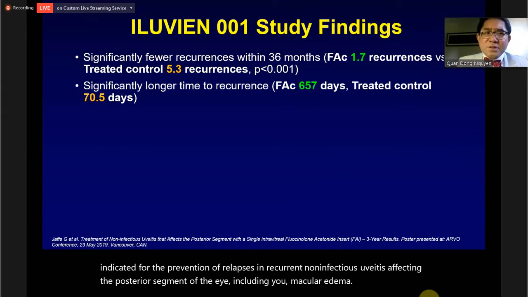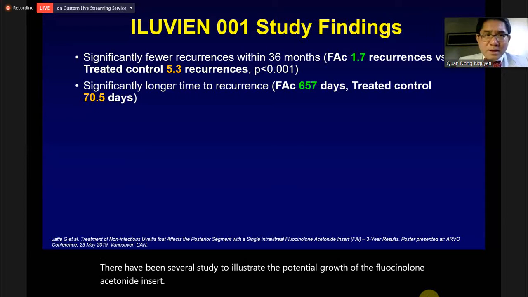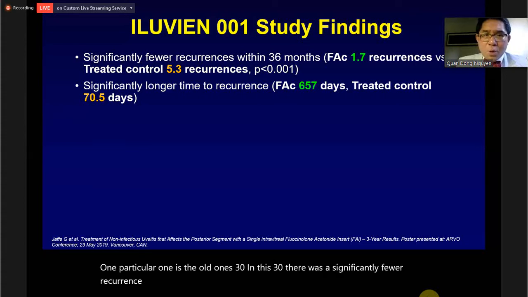There have been several studies to illustrate the potential role of the fluocinolone acetonide insert. One particular one is the 001 study. In this study, there were significantly fewer recurrences within 36 months, whereby the insert had 1.7 recurrences versus over 5.3 recurrences in the control.